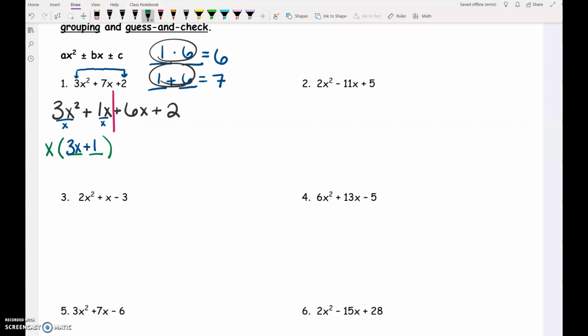Now we will go to the other group. What do 6x and 2 have in common? 2. And huge helpful hint, whatever symbol is right after that split, drop that symbol down. Okay. 6x divided by 2 is 3x.